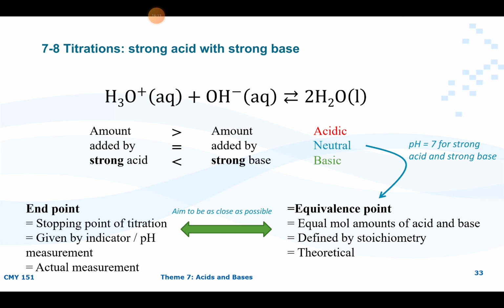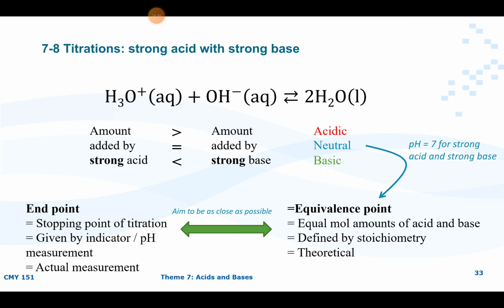Yes, sir. So is your endpoint more like a range? Because there's a range between which you can get that kind of change. Yes, so the equivalence point is theoretical. There is a theoretical exact equivalence point, which means if we add 1 mole of hydronium, the equivalence point will be when we add 1 mole of hydroxide.